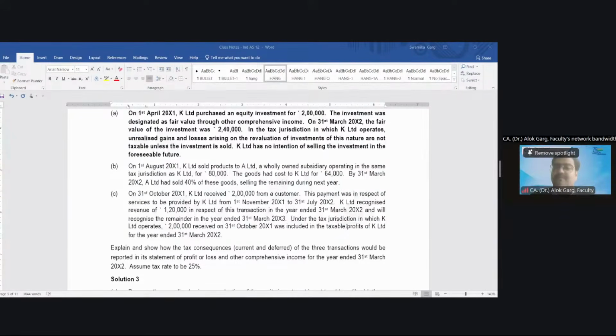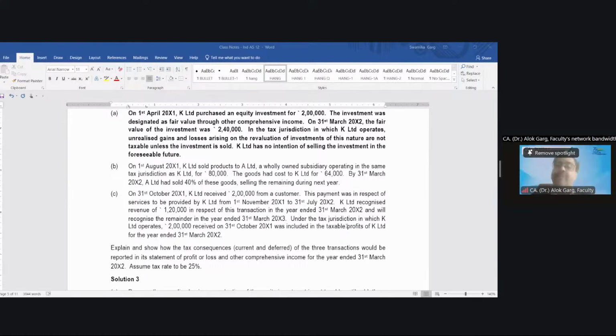So what is my current tax liability? 4,000. On the 16,000 earned, 16,000 multiplied by 25%, the parent has to pay a tax of 4,000 rupees. Now let's come to the consolidated financial statement. Current tax liability has to be computed at an entity level as per their standalone financial statement.